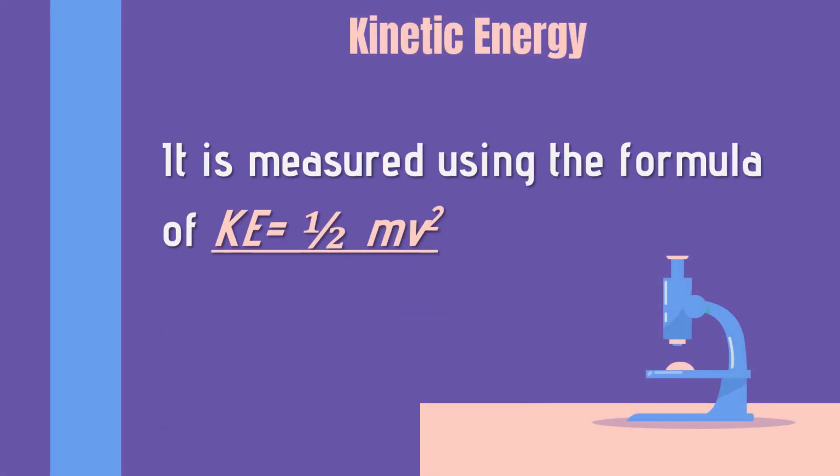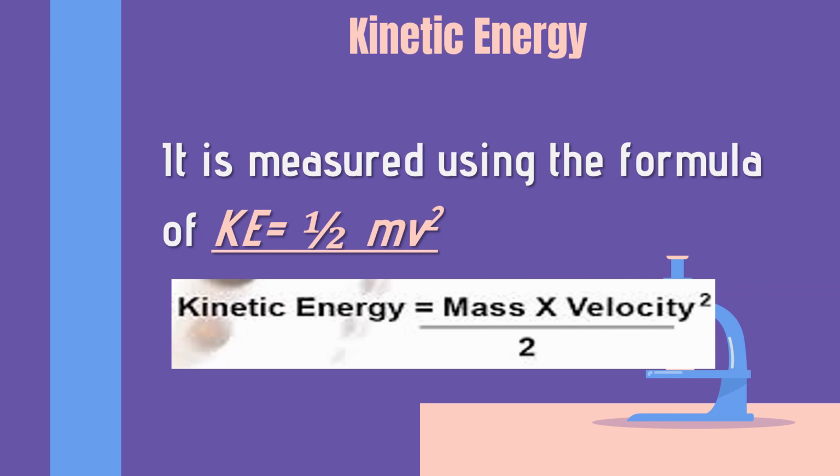Kinetic energy is measured using the formula KE equals 1/2 mv squared, or kinetic energy is equal to mass multiplied by the velocity squared over 2.